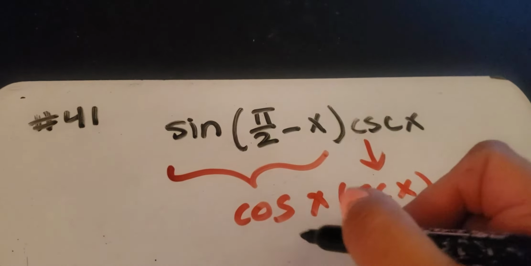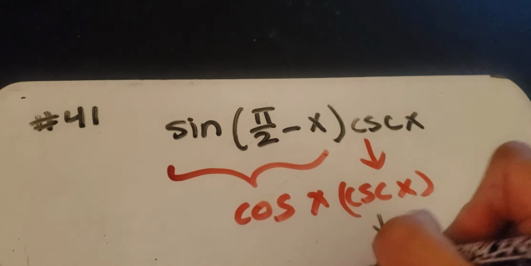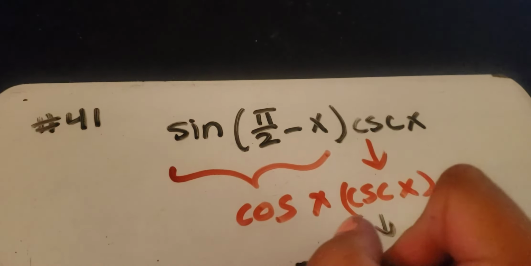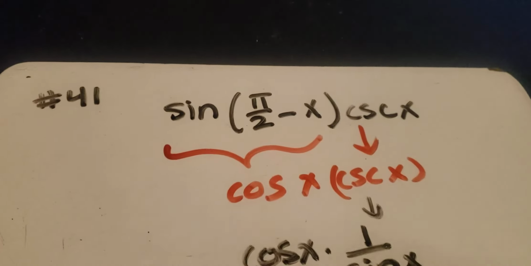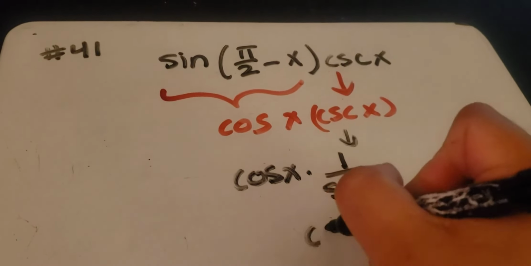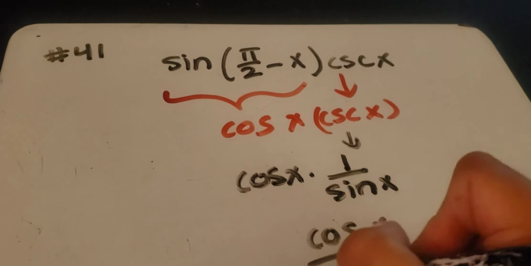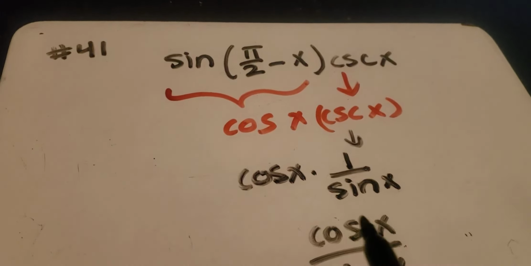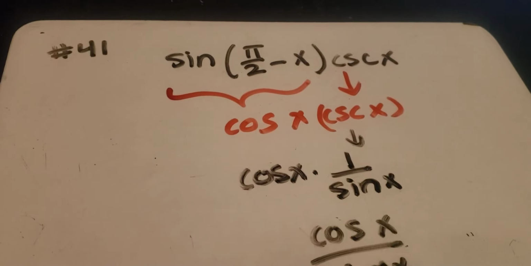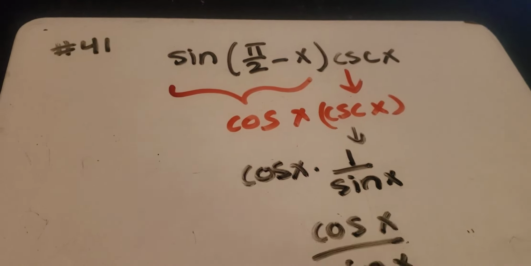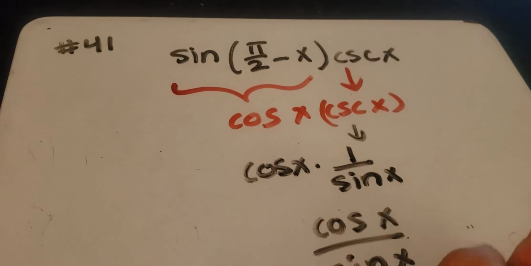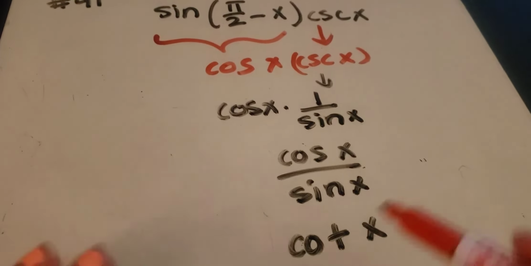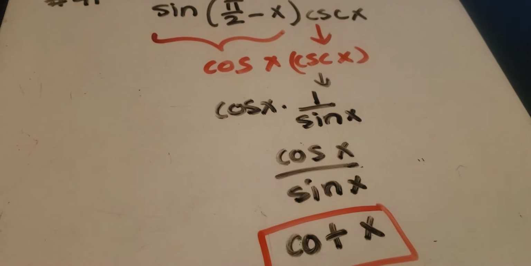So I can rewrite this as 1 over sine of x, and bring this down, and this is cosine of x, or the same as cosine of x over sine of x, because I'm just multiplying it. And then, boys and girls, cosine over sine is the same as cotangent of x. And that's it. Can't do anything more here.